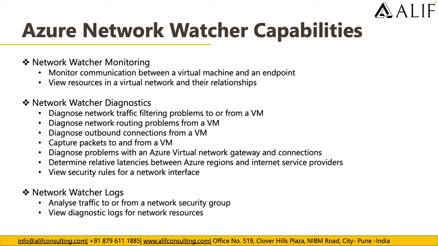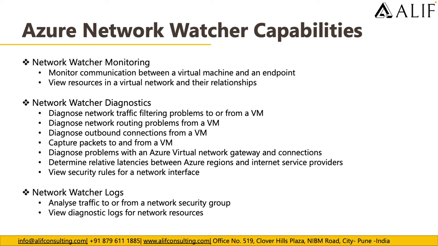It can help you diagnose traffic between VMs, routing problems, and outbound connection issues, and capture VM packets. It can diagnose problems with Azure Virtual Network Gateway and connections, help determine latencies between regions and internet service providers, and help you view the security logs as well.